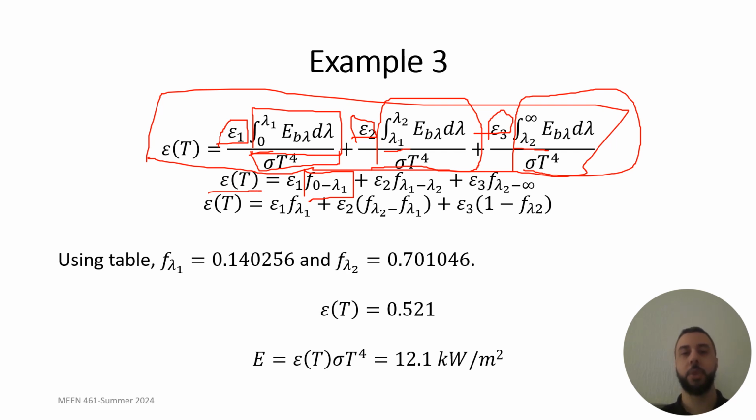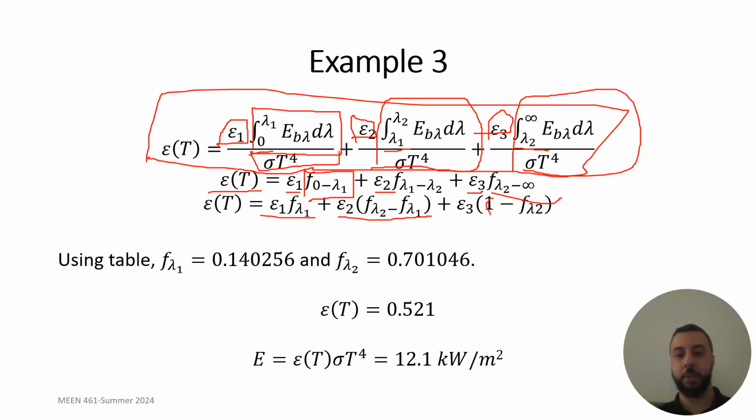So this simplifies to epsilon 1 times the fraction from 0 to lambda 1, plus epsilon 2 times the fraction from lambda 1 to lambda 2, and epsilon 3 from lambda 2 to infinity. F of 0, if you look at the table, is just 0. So this simplifies to epsilon 1 F lambda 1. And this is going to be epsilon 2 times F lambda 2 minus F lambda 1, similar to what we've seen in example 2.